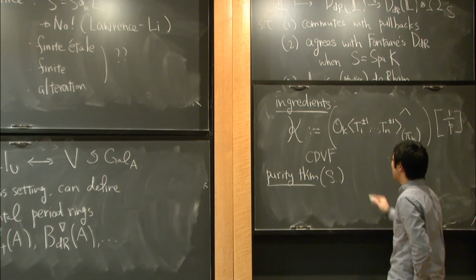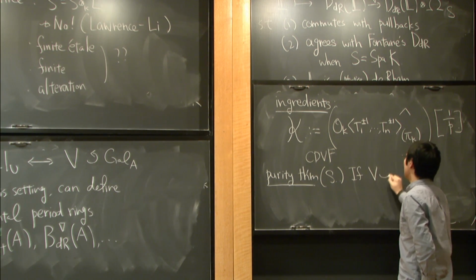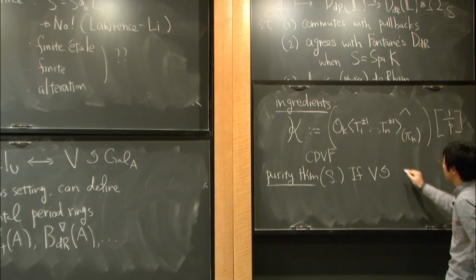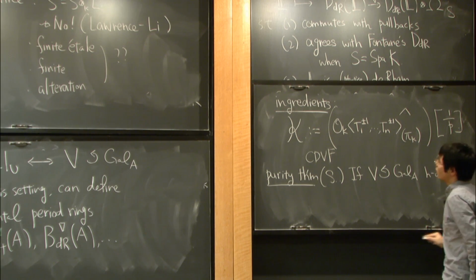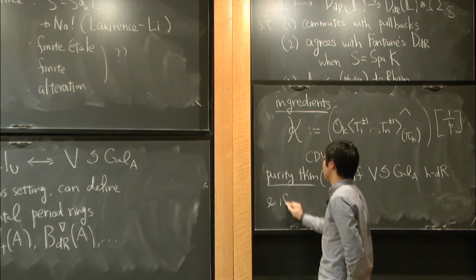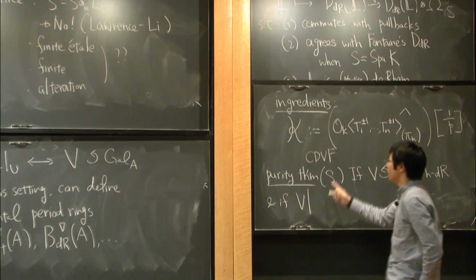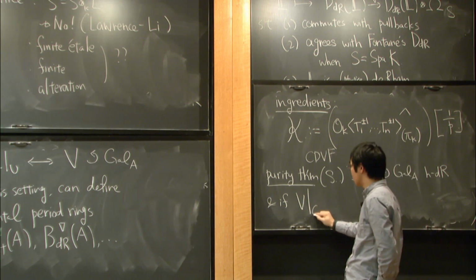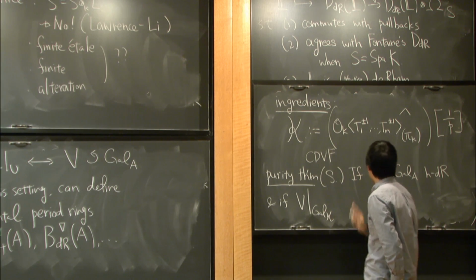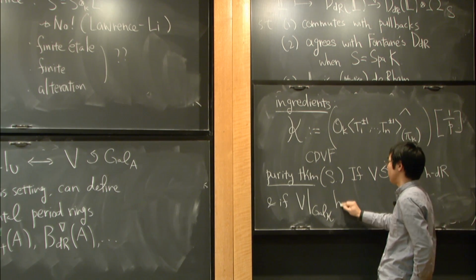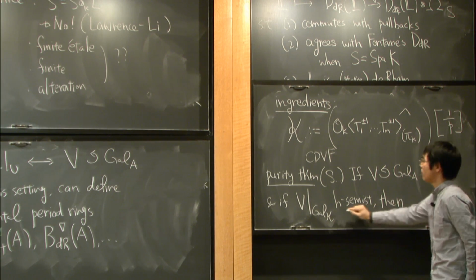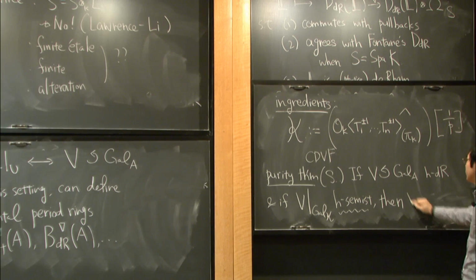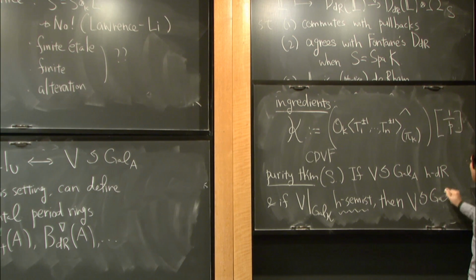The one thing is, this is called the purity theorem. Namely, if you start with a horizontally de Rham representation, and if you restrict this representation to this Gauss point, and assume this is horizontally semistable already, then the original representation is horizontally semistable.